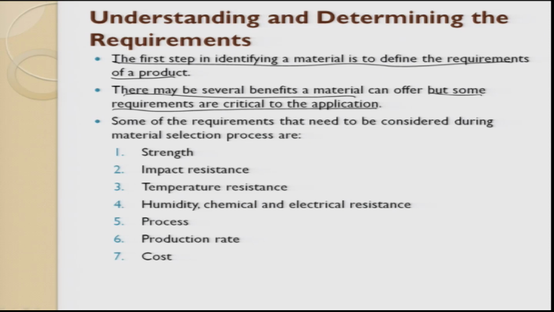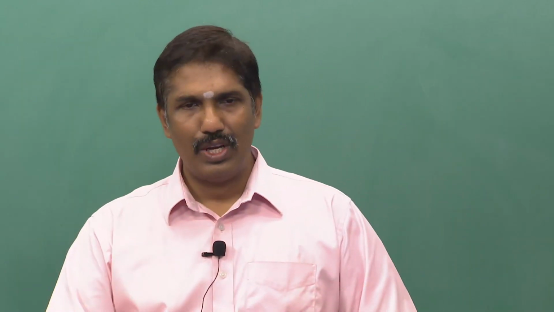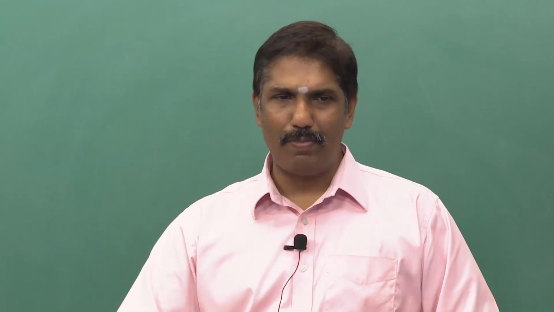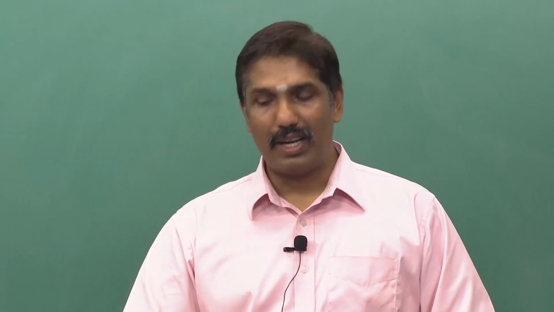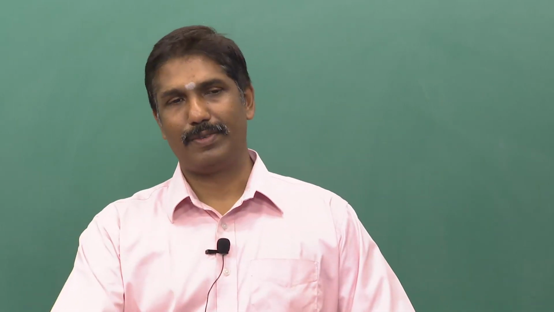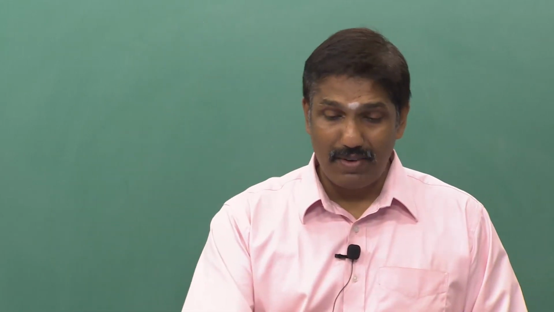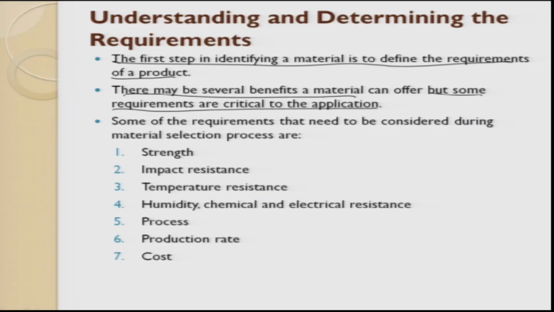Suppose you don't do this analysis. In industrial engineering terms, they do something called ABC analysis. If you don't do this ABC analysis, we will try to take a property which is very trivial or a secondary property and start giving more weightage to it, but ultimately the customer will not be happy. So there may be several benefits a material can offer, but you should look only at the critical applications and choose a material.